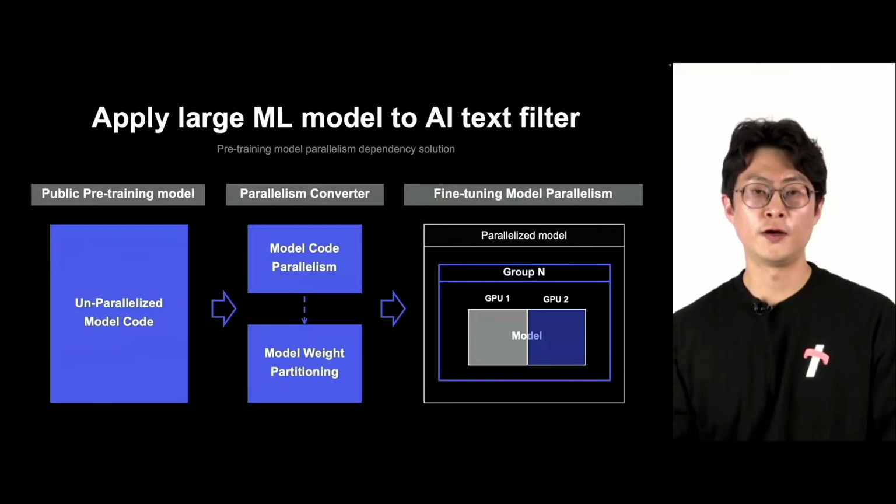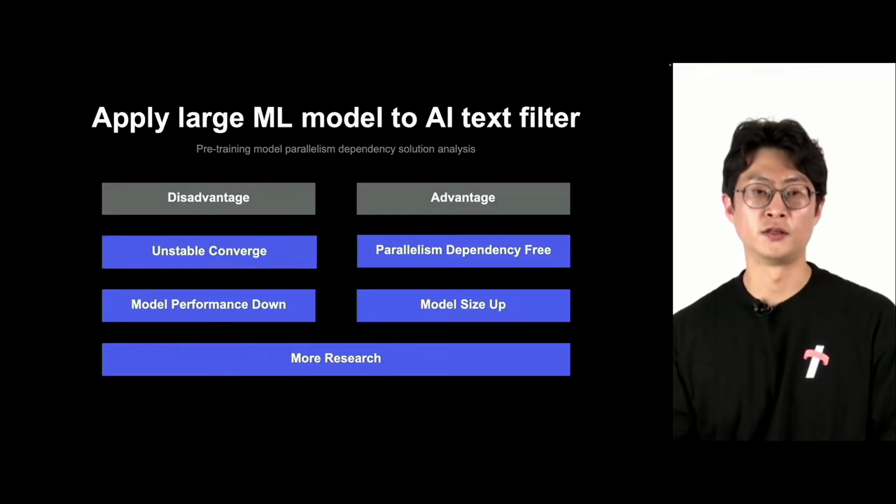And we analyzed the results of applying fine-tuning to model parallelism. When you use this method, first to talk about the downside: for the public pre-training model that was not originally parallelized, you enabled parallelism, and so the model convergence was unstable and the model performance was slightly down.